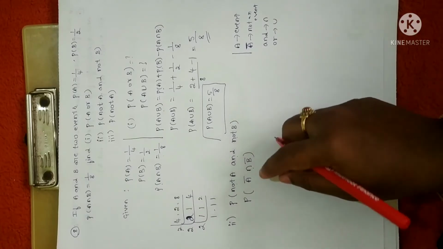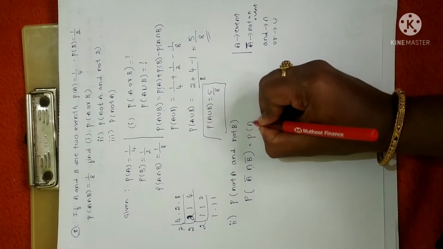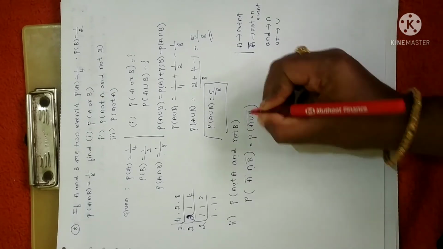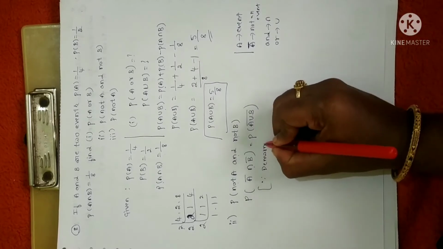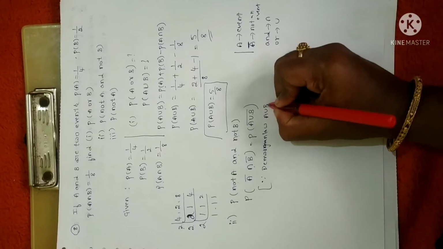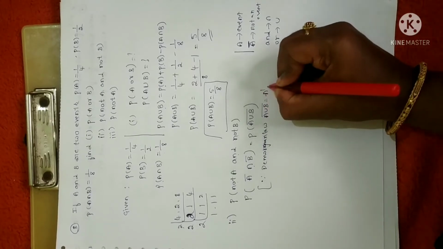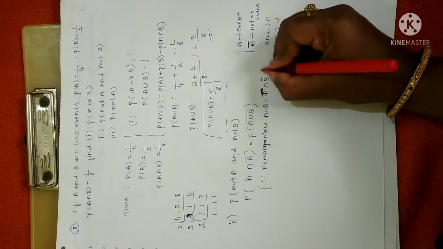Now I can rewrite the same as probability of A union B whole bar, by De Morgan's law. What does De Morgan's law say? A union B whole complement is equal to A complement intersection B complement.